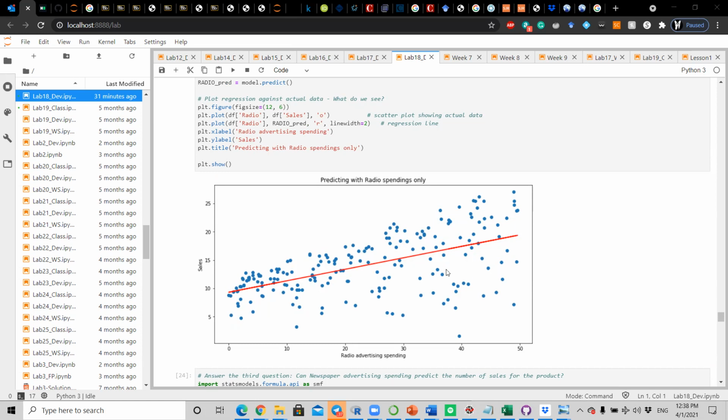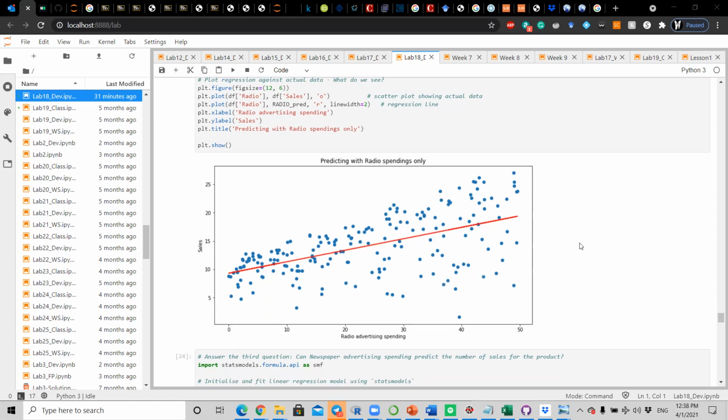So you may spend $30,000 and get 20, or you may get 5. This is a huge range of variability, and it gets worse as you go on. So too much error, exactly.